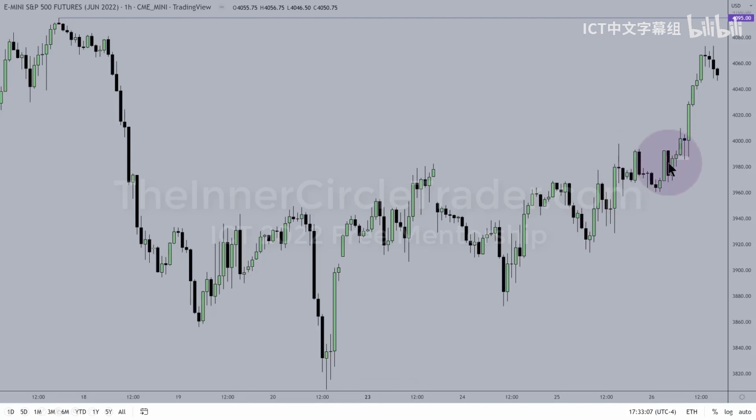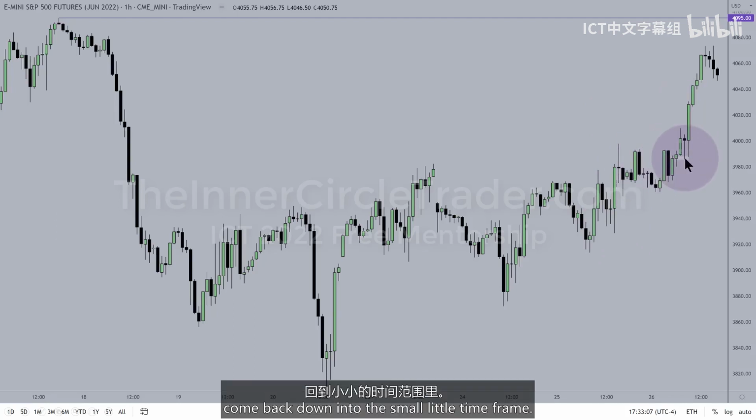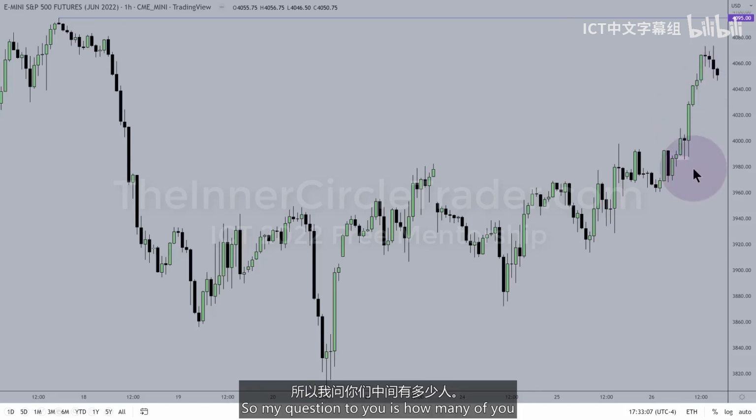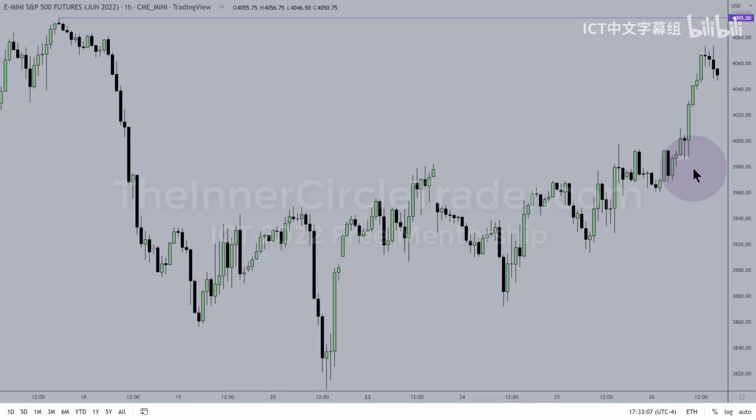Consolidate. We rally, come back down into the smaller time frame, fair value gap, SMT divergence, and rallies, and keeps pressing higher and higher and higher. So my question to you is, how many of you first didn't listen to me when I said don't trade?